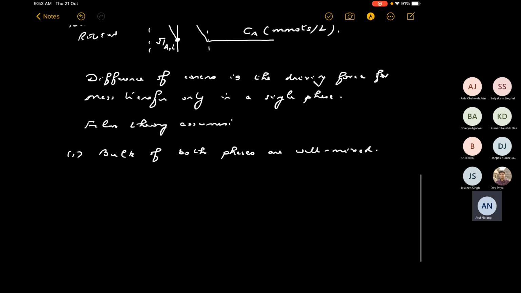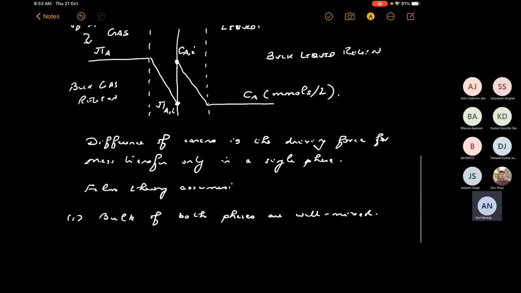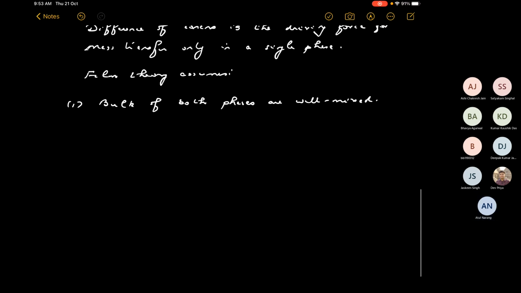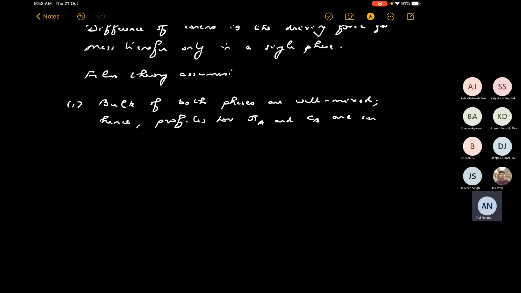And that is why we have made pi A and Ca totally flat and constant. They're well mixed, means there are no concentration gradients here. Okay? So hence, profiles for pi A and Ca, the concentrations in the gas and the liquid phases, are constant.